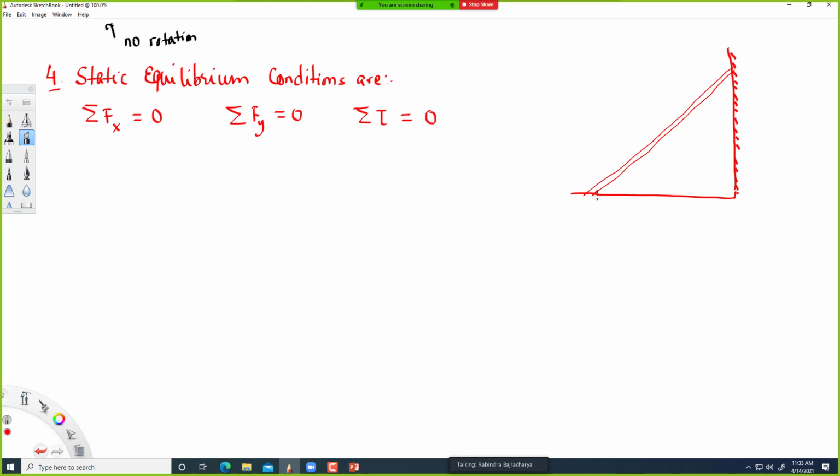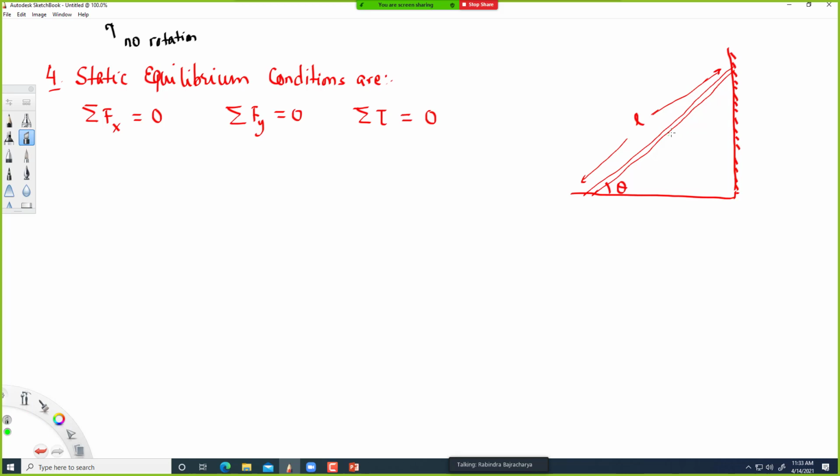The length of the ladder is L, and the ladder is resting on the wall at angle theta to the surface. So what was the question? The question is to draw an extended free body diagram. So let's draw the extended free body diagram.